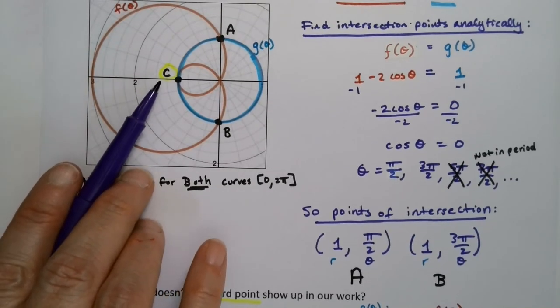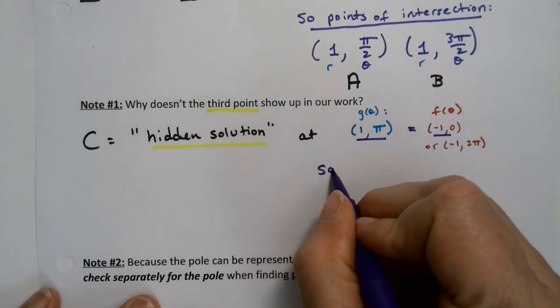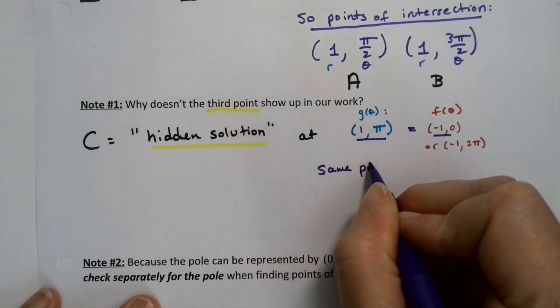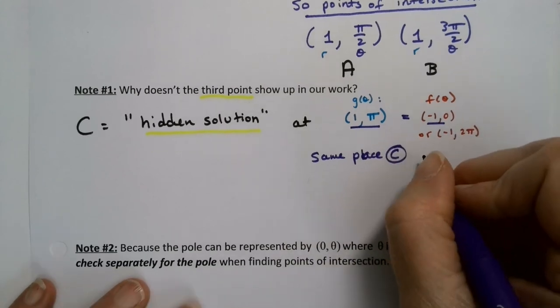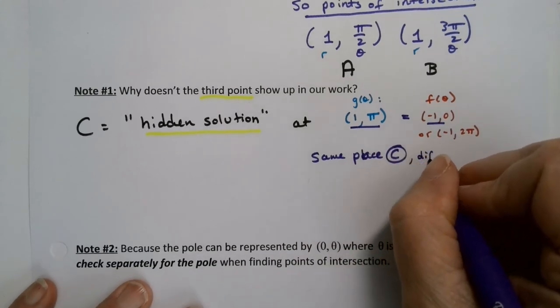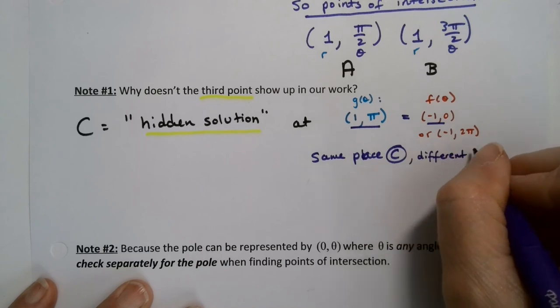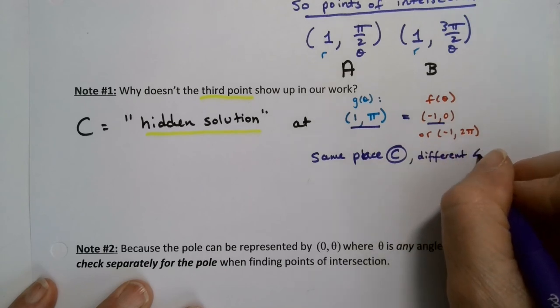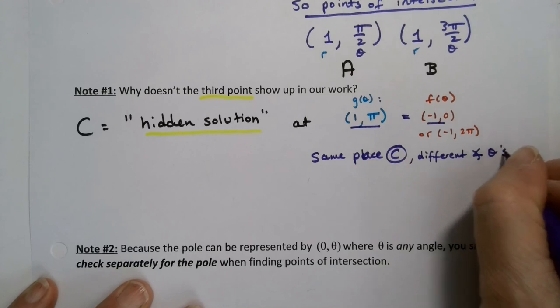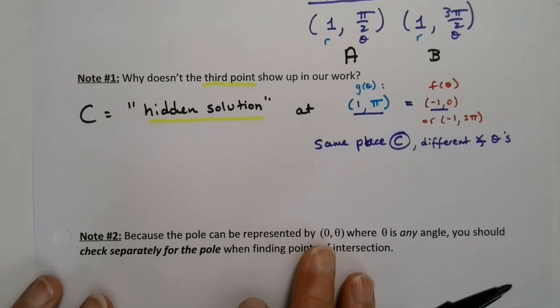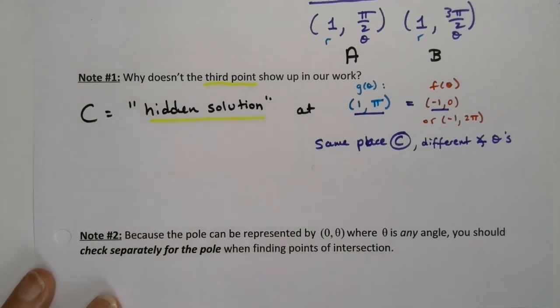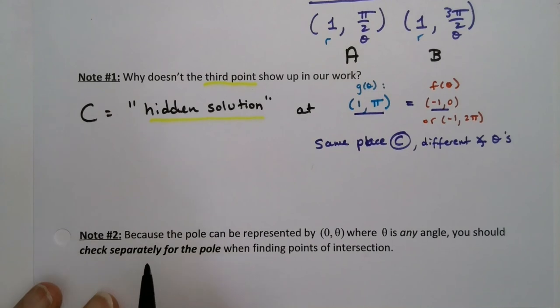So it's the same place, C, at different angle values. So analytic methods do not necessarily find all solutions. You have to be super careful and graph everything in Desmos and check, right?